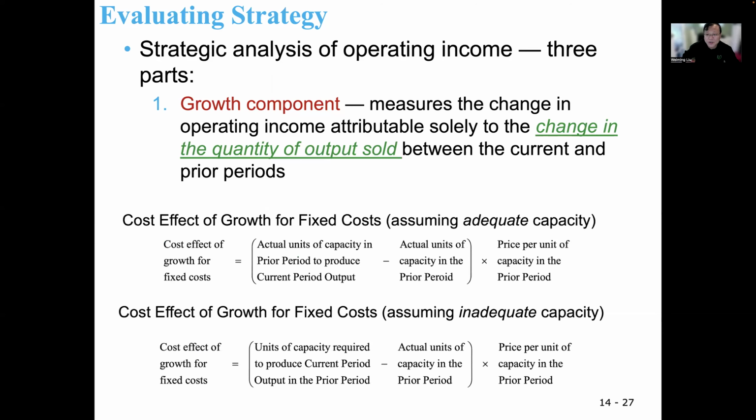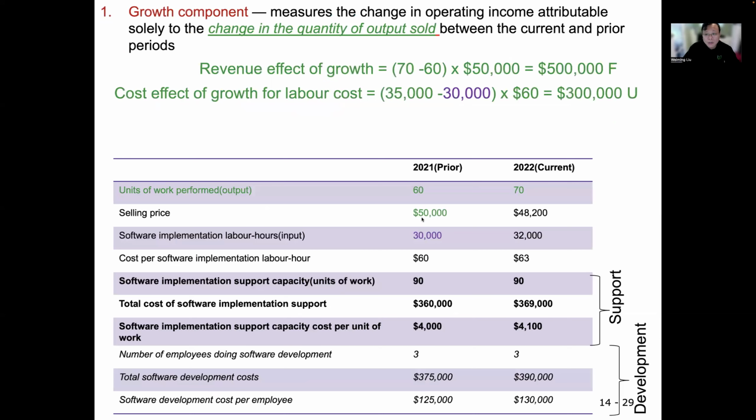Okay, so here my prior period price, the labor cost rate, right, is $60. And the input labor hours in the prior period is 30,000 hours.